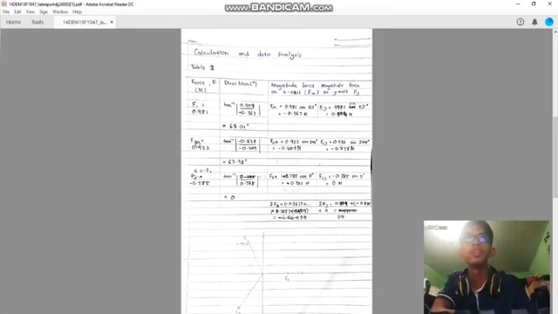Okay, for F2, the force is 0.932. Also the same, we find the Fx. For Fx, 0.932 cos 244 equal 0.409.